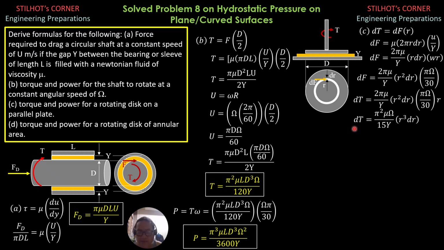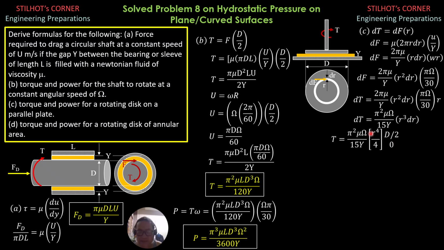Integrating, so we have torque equals, so put this before the integral sign, r to the fourth over 4, and our limit should be from 0 to diameter over 2. So pi square mu omega over 15y, quantity r to the fourth over 4 from 0 to d over 2.